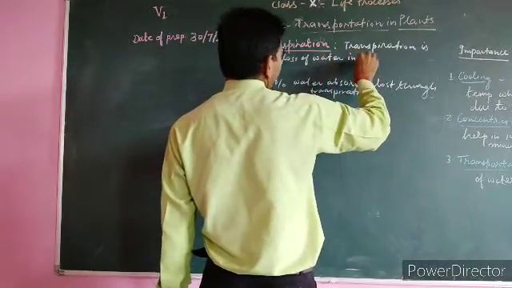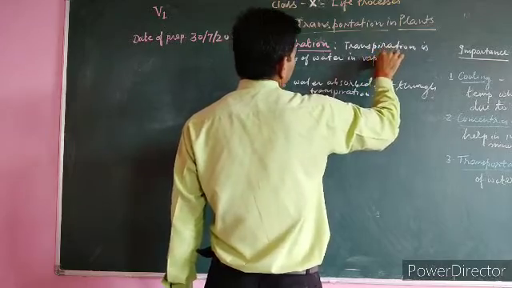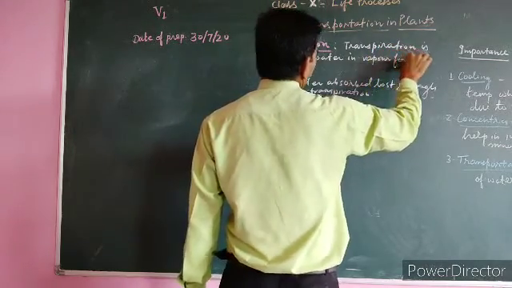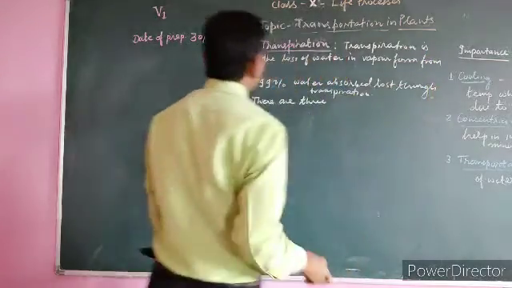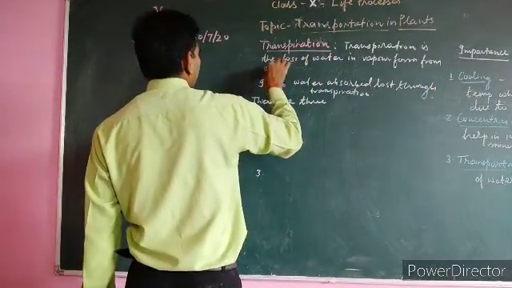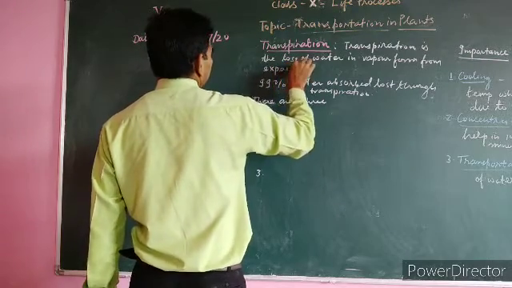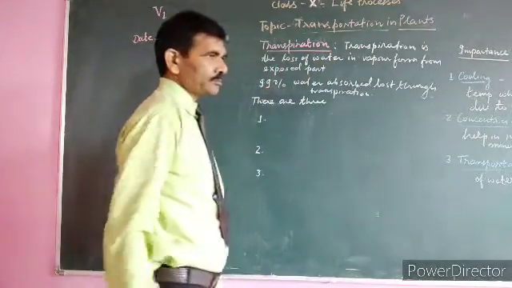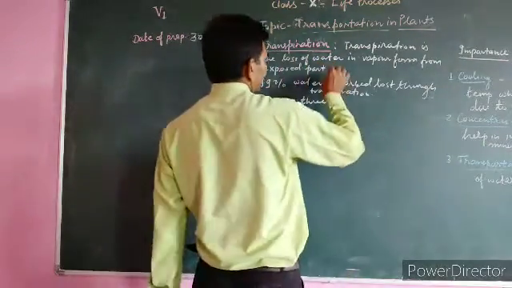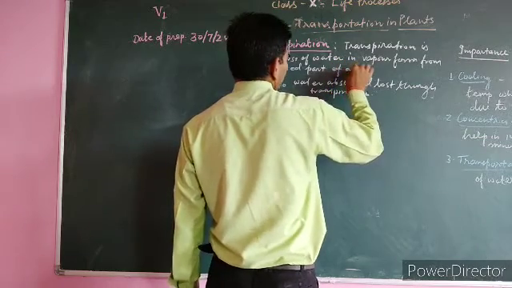Transpiration is the loss of water in vapor form from the exposed part or aerial part of a plant.